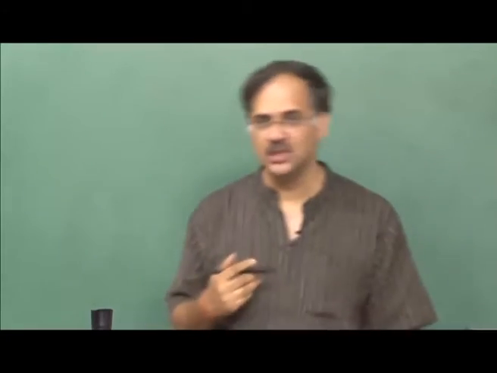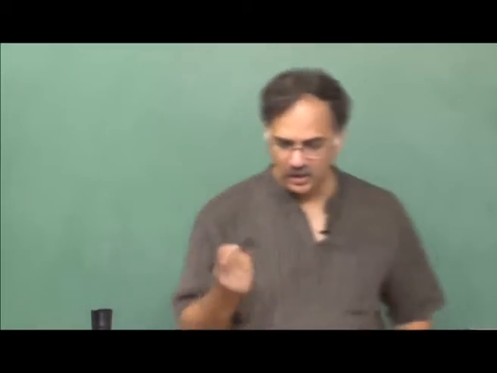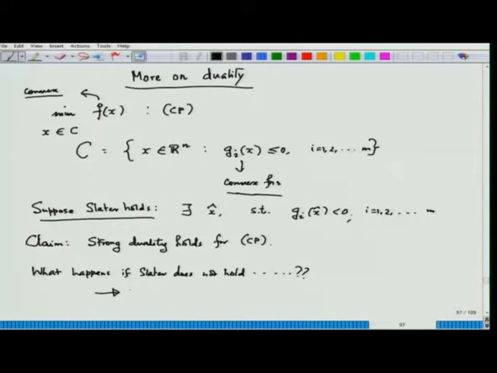So, those who are not satiated by the answer and want to have more, especially PhD students in optimization who are listening to this lecture, they could just go to the internet and search for convex programming without Slater condition. There is a huge literature on it.